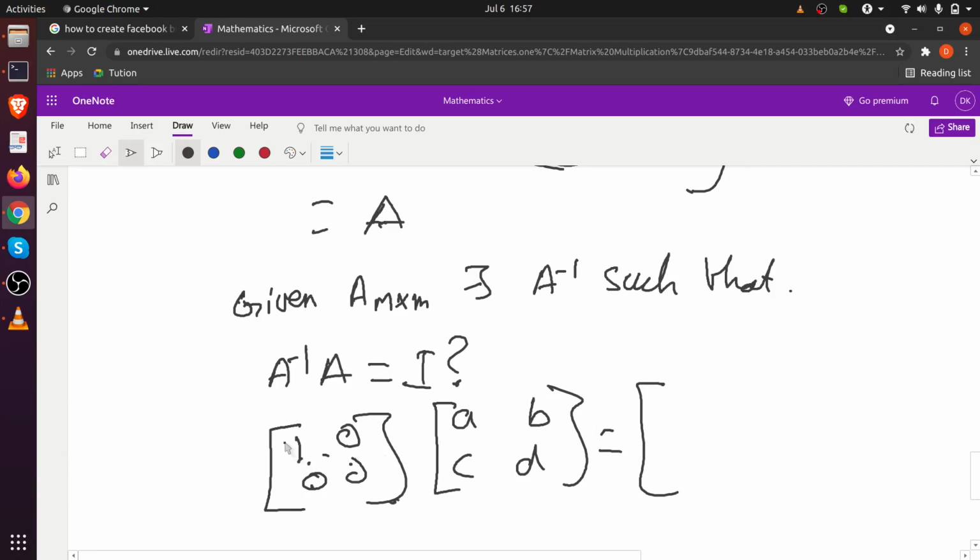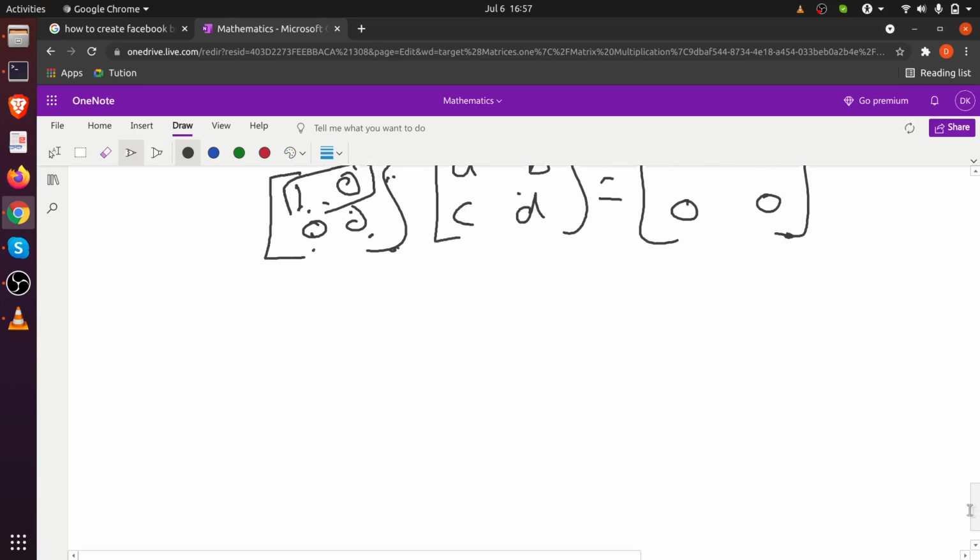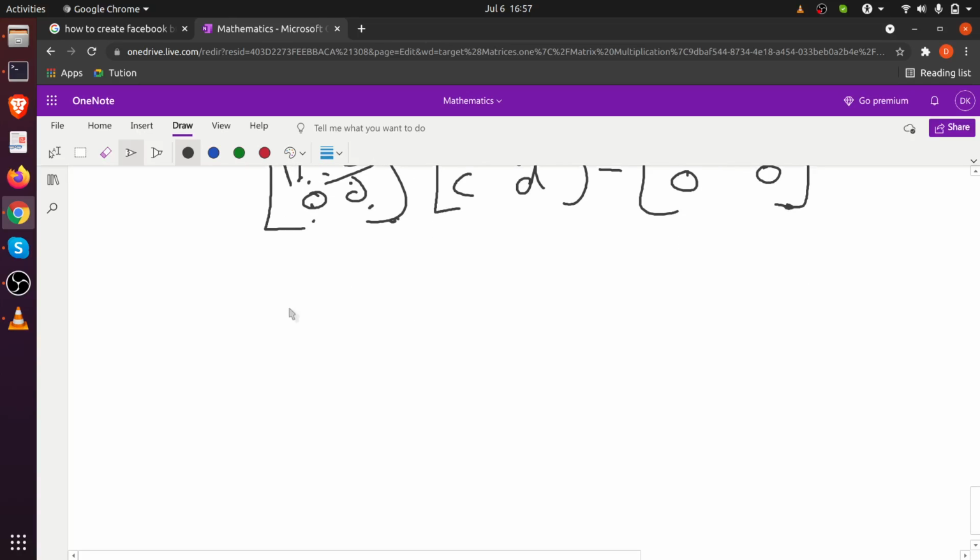So multiplying it with the matrix on the right hand side will simply give you the first row, and the second row is completely 0. So no matter what the values of ABCD are, you cannot multiply with this matrix to get an identity matrix. Similarly, you can verify for right multiplication as well. So it's not true in general.